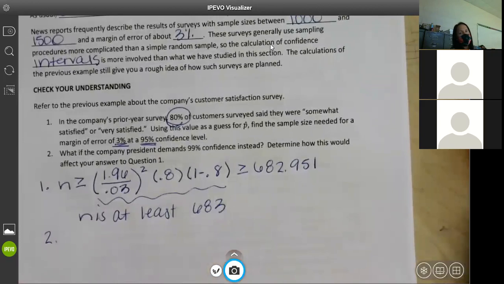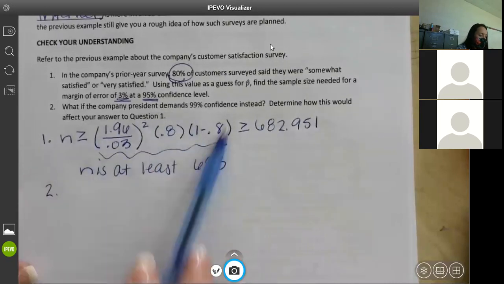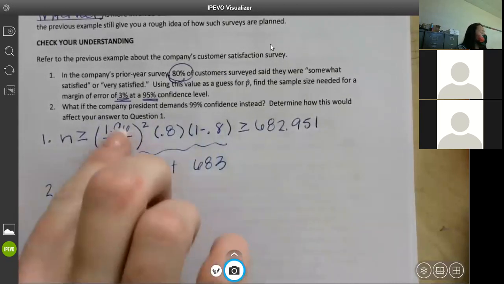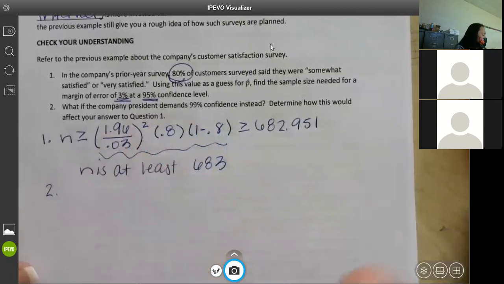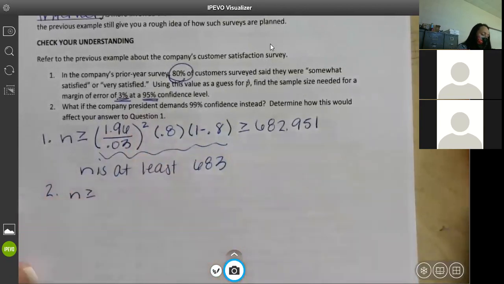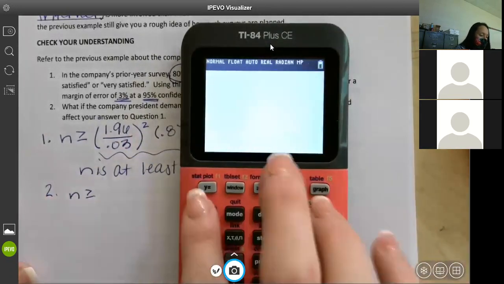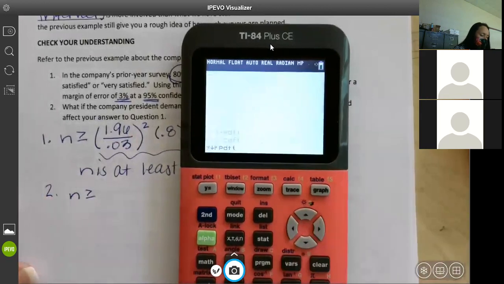So what if the company president demands 99% confidence instead? Determine how this would affect your answer to question 1. So what's that going to change? What part of this is that going to change? The Z star, right? Okay, so can you tell me what the 99% Z star is? How do we do that? Inverse norm.